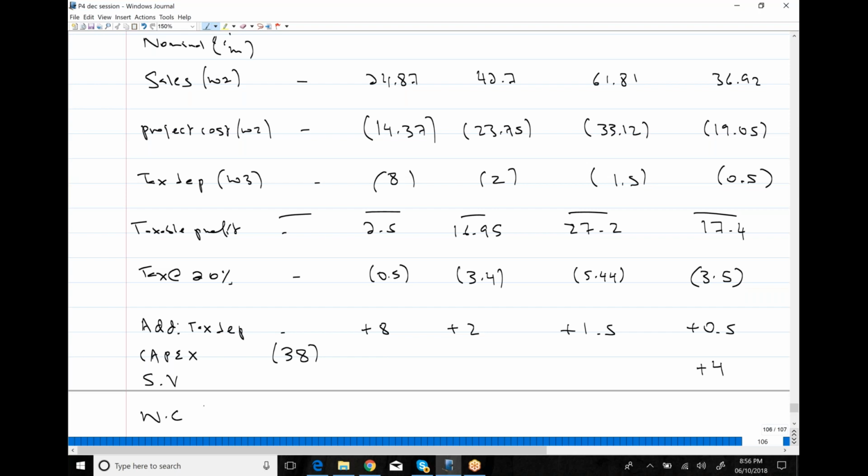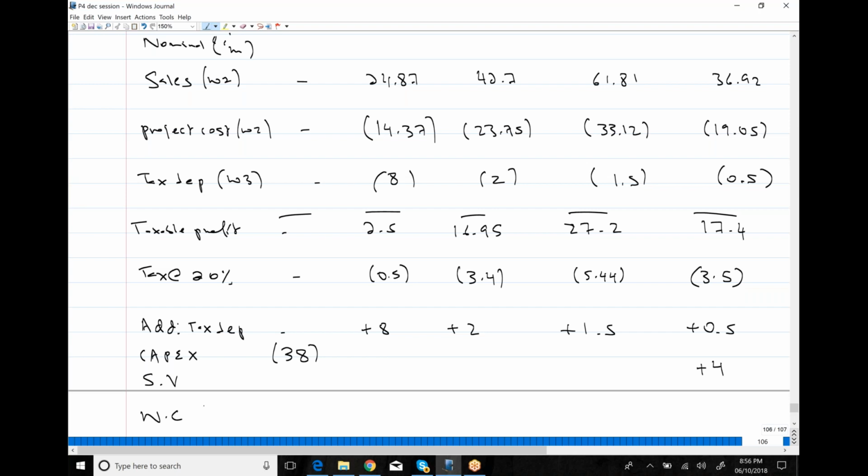It says at the beginning of each year, Burung company will need to provide working capital of 20% of the anticipated sales revenue for the year. Any working capital will be released at the end of the project. So they will provide working capital of 20% of the revenue.